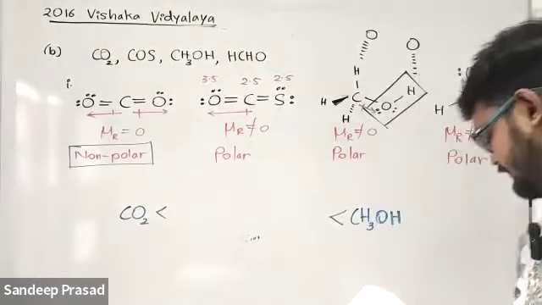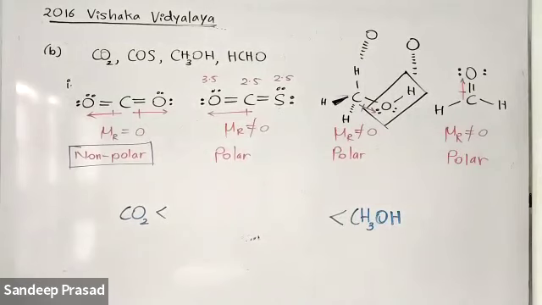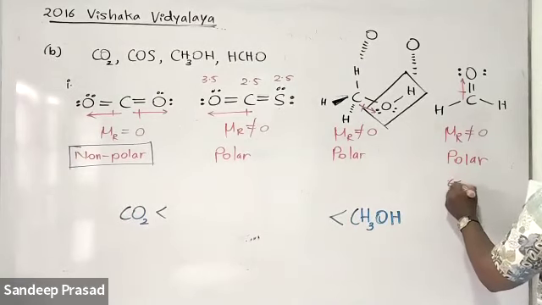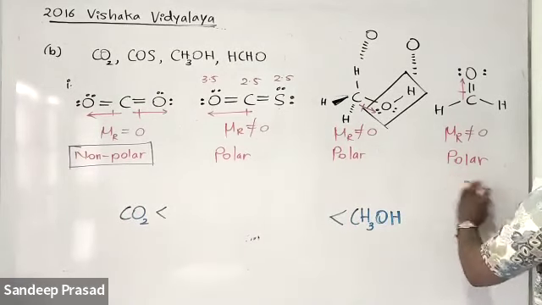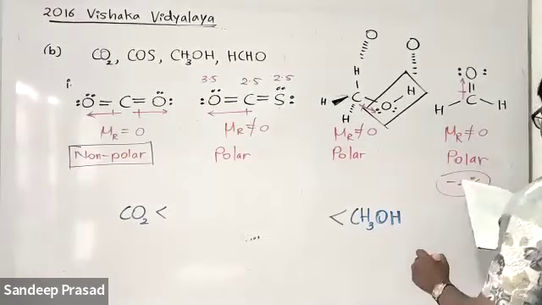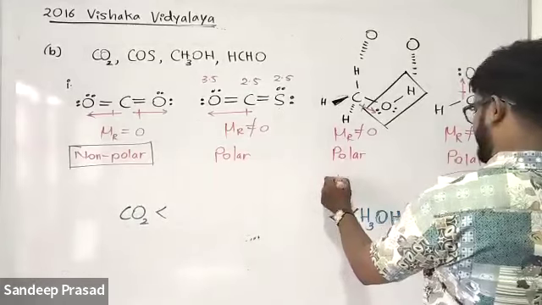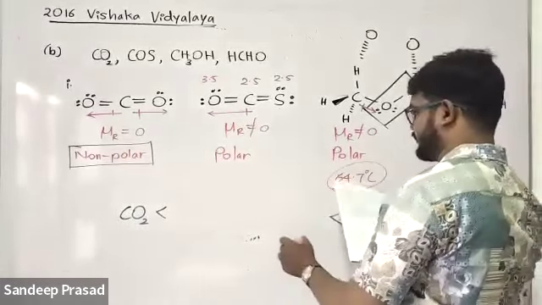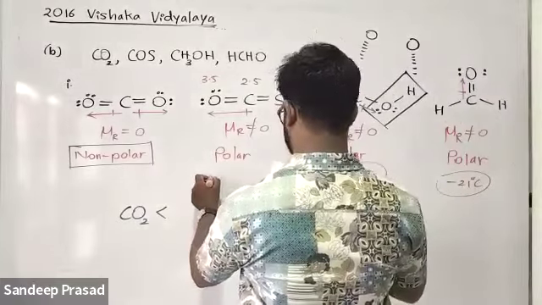For your knowledge, I'll give you the values. Okay, look at this one. Methanol is minus 21 degrees Celsius. You don't have to remember this one. I found these things from Google to give you an idea about these molecules.